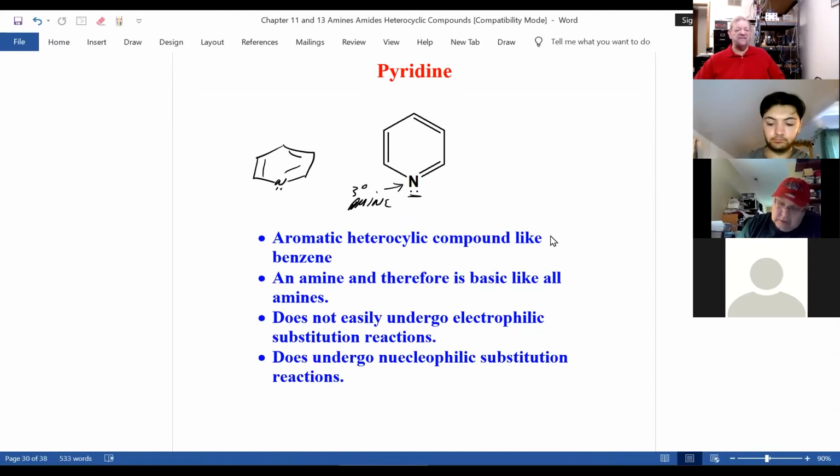And pyridine is aromatic. Pyridine is both the IUPAC and common name. So on a test, if I asked you to draw the structure of pyridine, I would hope you know that. Now, pyridine does not undergo electrophilic substitution easily. That means putting things on the ring, but this does react like a tertiary amine and does undergo nucleophilic substitution.